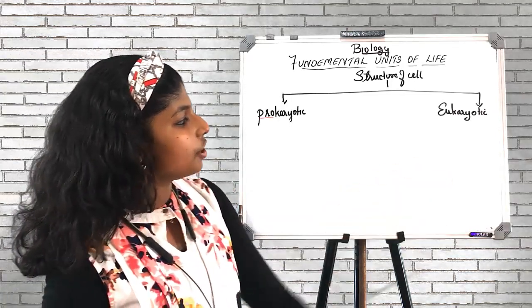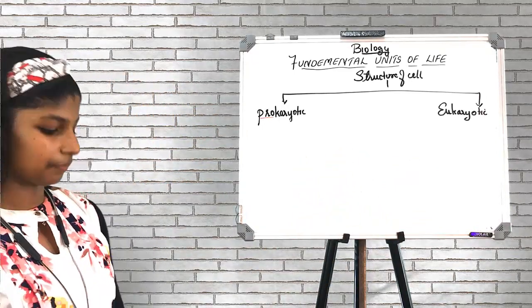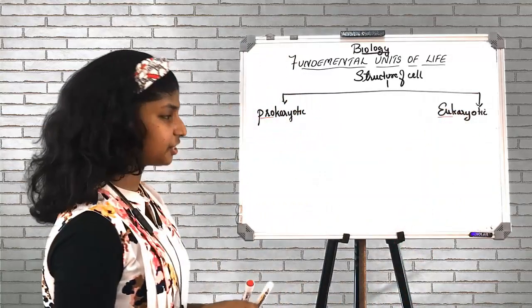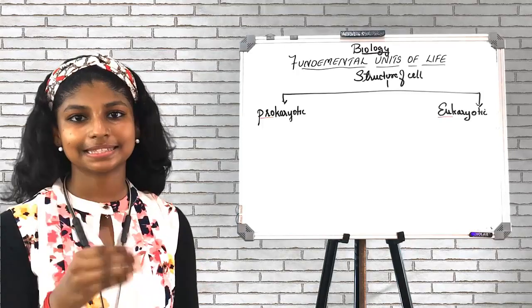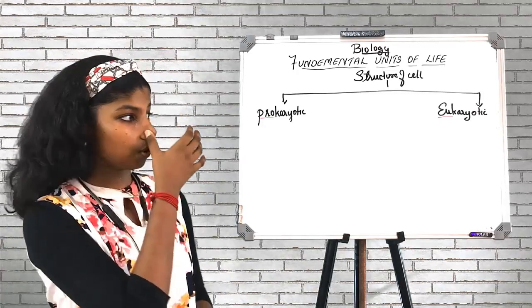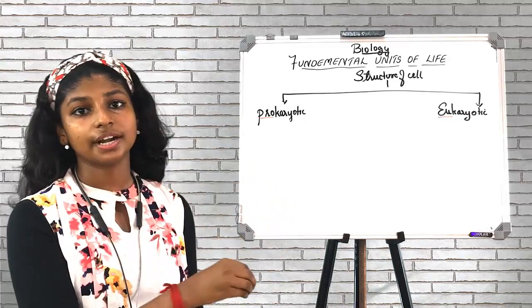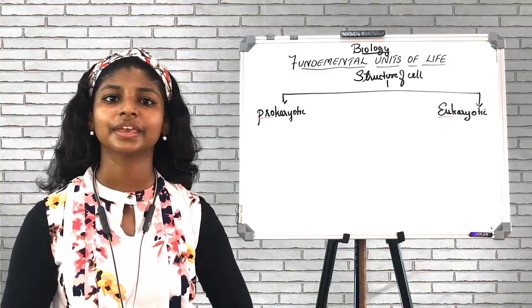Moving on to the eukaryotic cell, what do you mean by the term eukaryotic cell? Here, the term eu means true and karyotic means nucleus. So, true nucleus is the meaning of the word eukaryotic cell. What is the speciality for them?